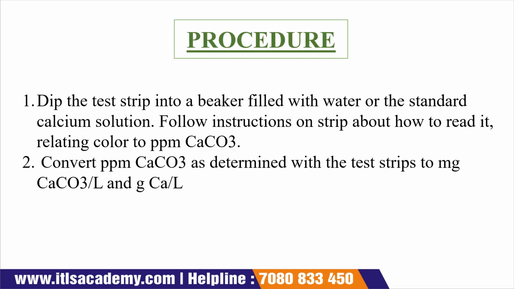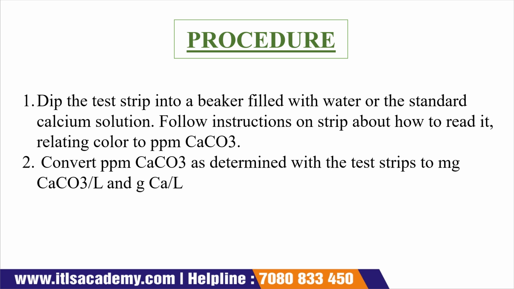Now the next one is your procedure. The procedure for the formation of this calcium carbonate was already discussed in the previous lecture. You can go and check how we prepare it, how we sterilize it. Here what we have to do, we take a standard calcium solution and dip the test strip into a beaker filled with water.